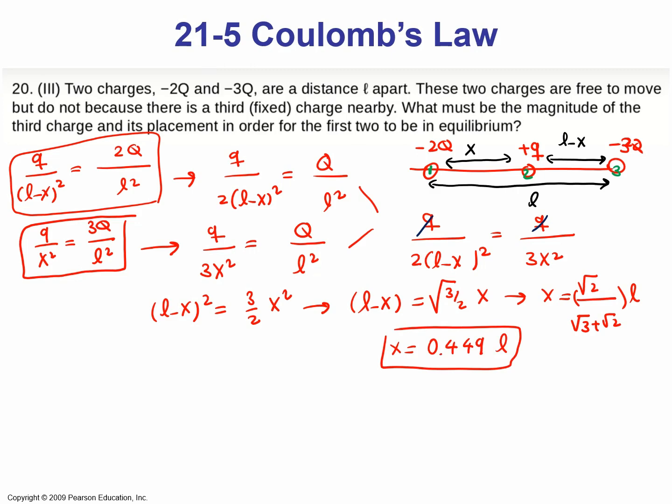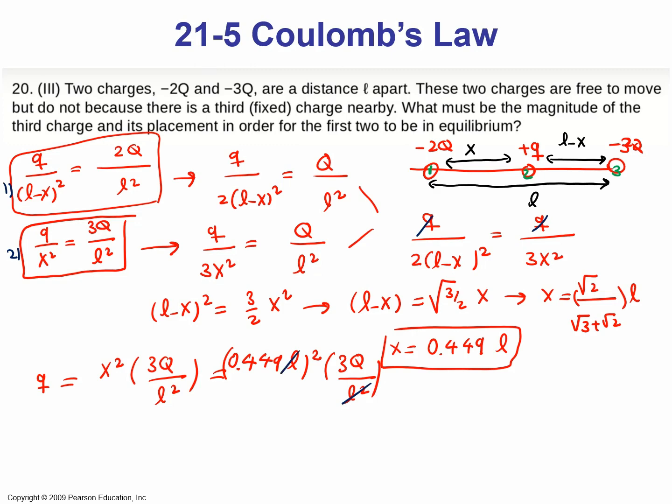And if you plug this X back into either of these two equations, equation 1 or equation 2, we will have Q is equal to X squared times 3Q divided by L squared. Instead of X, we will have 0.449 L. Let's square this one, multiplied by 3Q over L squared, and the L squared will cancel out.